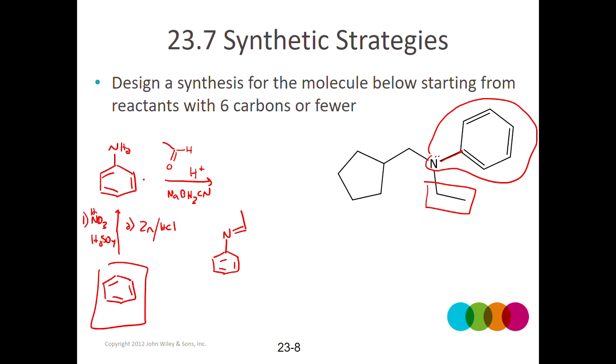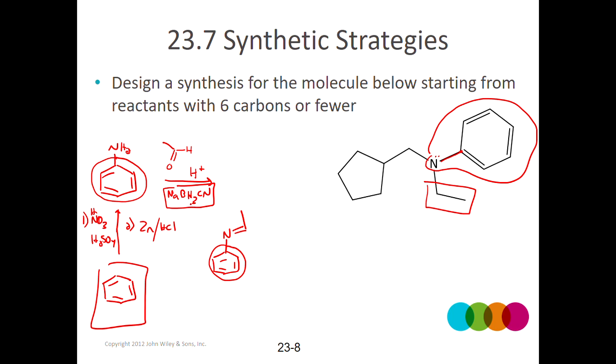If it's helpful to break it down into the steps and draw the intermediate so you can predict the product, I would recommend that. So basically, if I don't add the sodium cyanoborohydride, if I just added the ketone and the H+, that would form this imine. The nitrogen would keep any R groups it had connected to it, and then it would replace the oxygen and form a double bond to the ethyl group if I have an ethyl group.